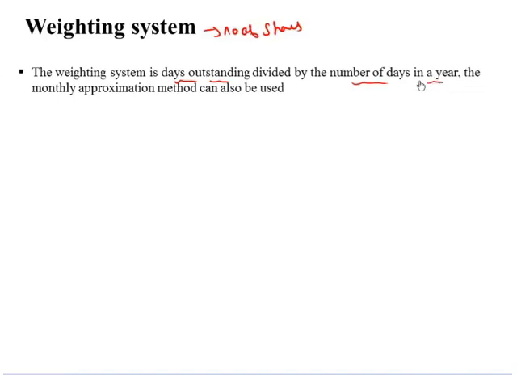So if 500 shares are outstanding for the whole year, then it will essentially be 365 divided by 365. If they were outstanding for 50 days, then the weight applied to those shares would be the number of days they were outstanding upon the total number of days in the year. Sometimes the monthly approximation can also be used for the CFA exam, as we studied in the previous example.